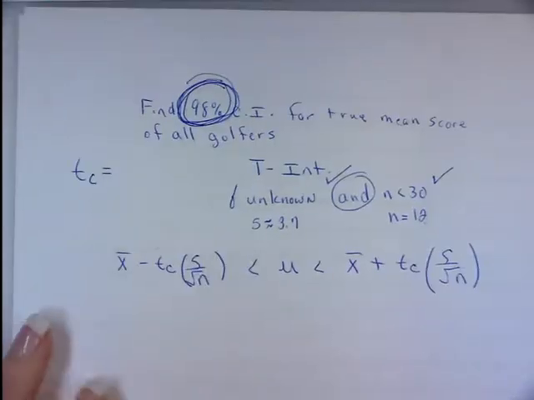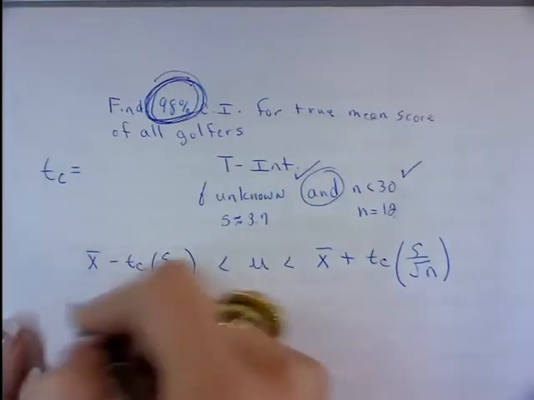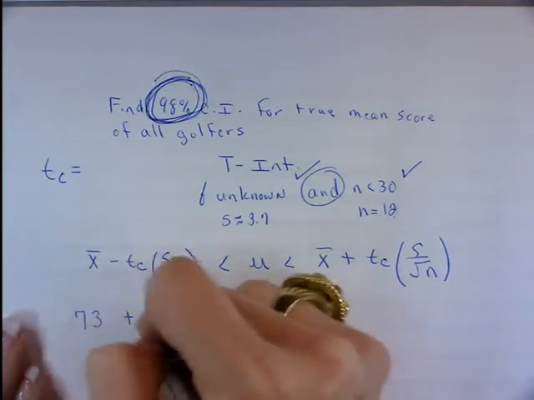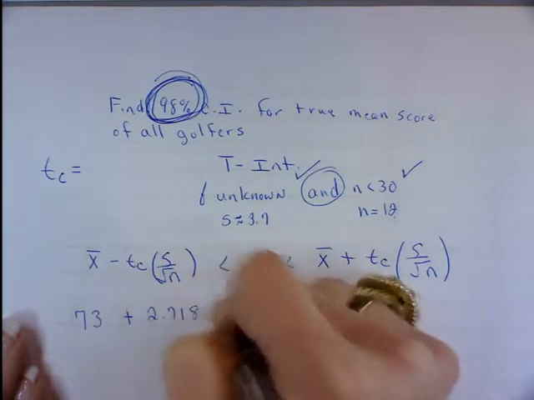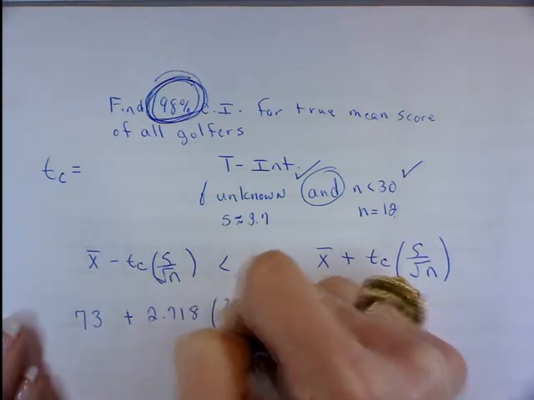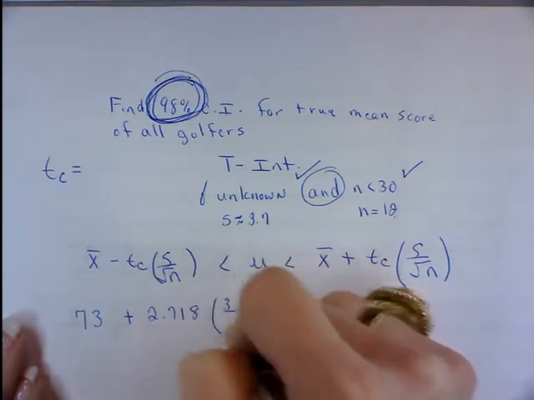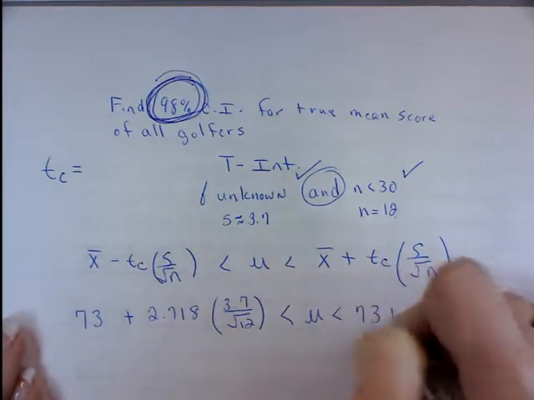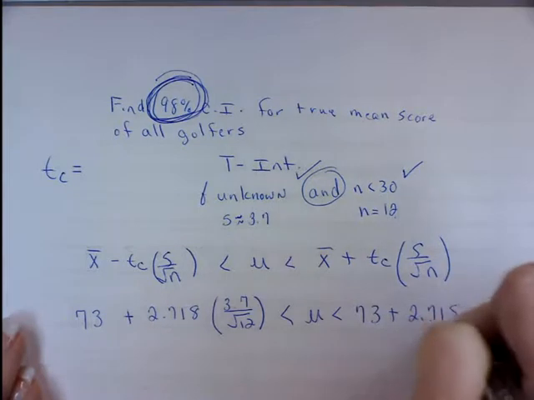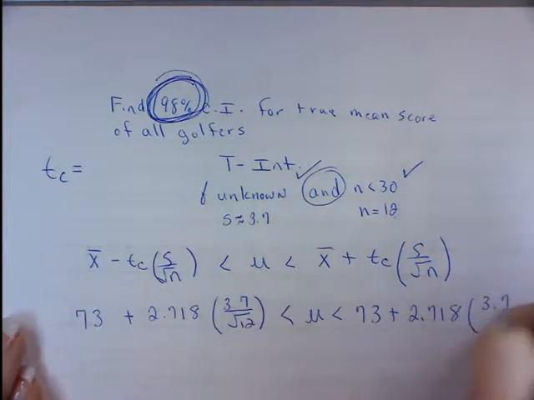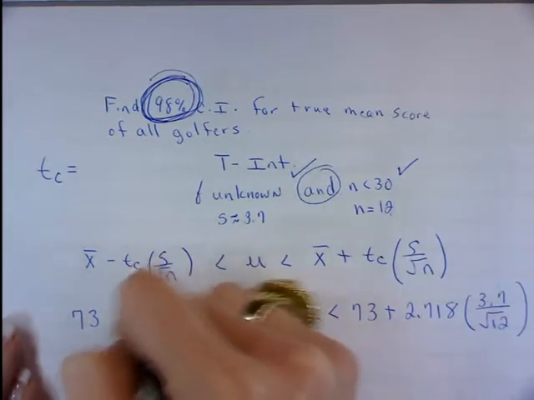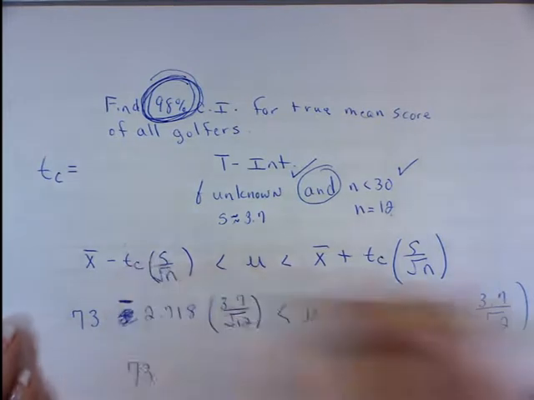I'll put this into the formula. This is going to be 73 plus 2.718 times 3.7 divided by the square root of 12. The next thing I'll ask, and this is supposed to be a minus, sorry about that, subtract and then add.